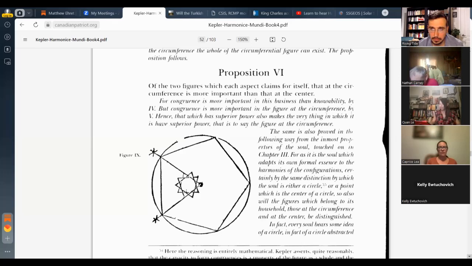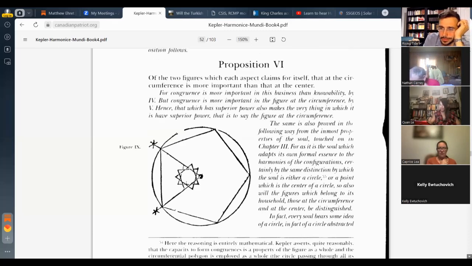The same is also proved in the following way from the inmost properties of the soul, touched on in chapter 3. For as it is the soul which adapts its own formal essence to the harmonies of the configurations, certainly by the same distinction by which the soul is either a circle or a point which is the center of the circle, so also will the figures which belong to its household, those at the circumference and at the center, be distinguished.